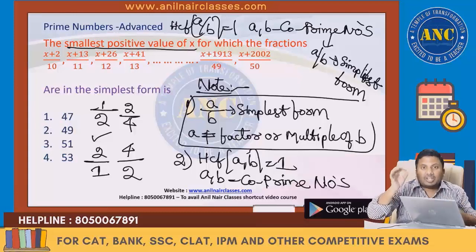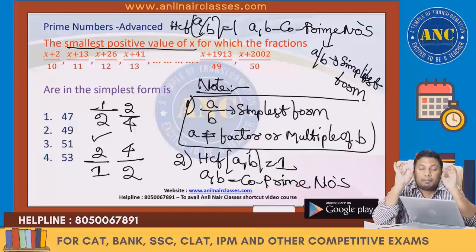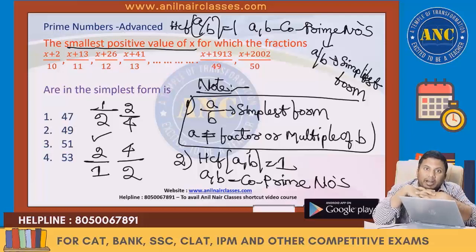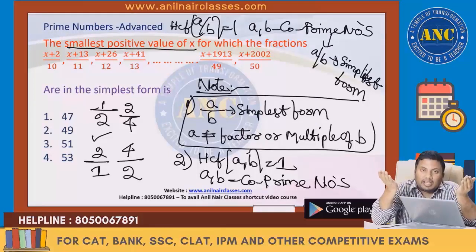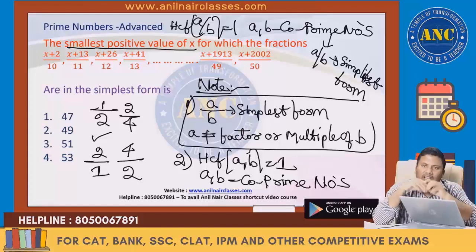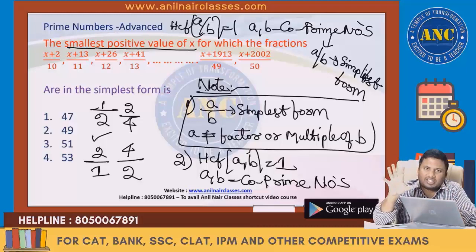A fraction is not in its simplest form when the numerator is a factor of the denominator or a multiple of the denominator. With this understanding, this is a very simple third class textbook definition of a proper fraction or an improper fraction and two numbers in its simplest form.